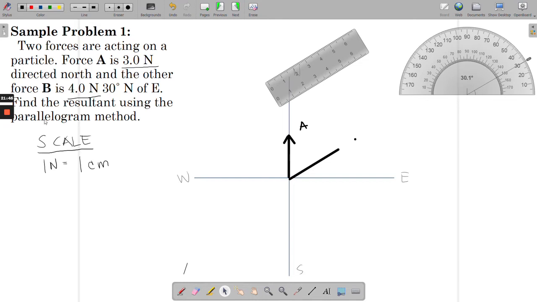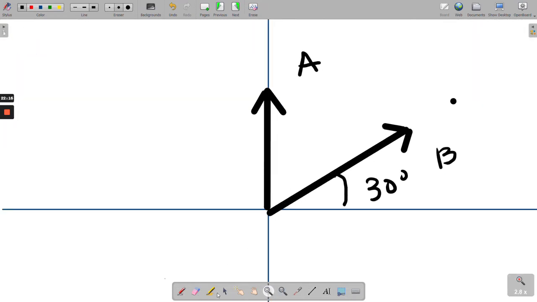Now it's asking us to do the parallelogram method. The parallelogram method is when we have two vectors, what we do is put the tails of the two vectors together. So let's write some of the elements. This is 30 degrees here, and this is our vector B. What we have to do now is create a parallelogram using these.